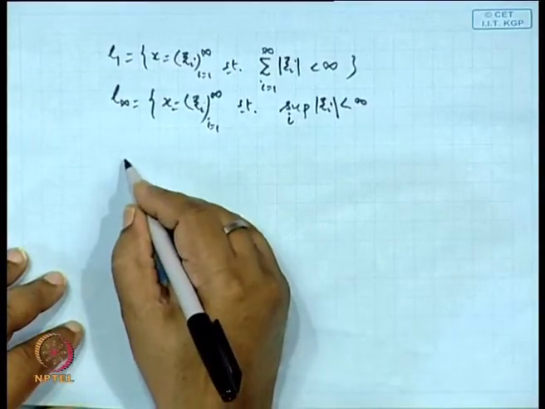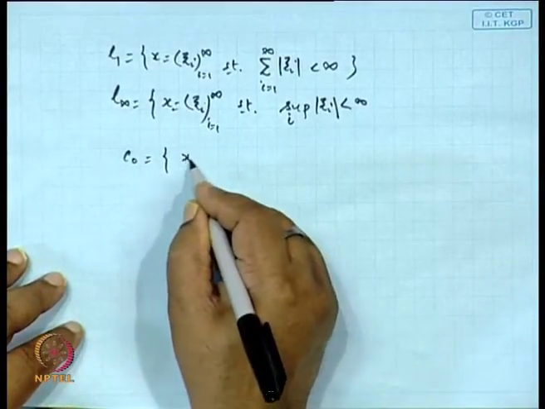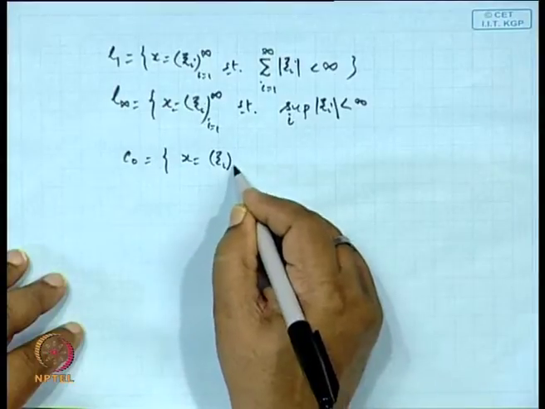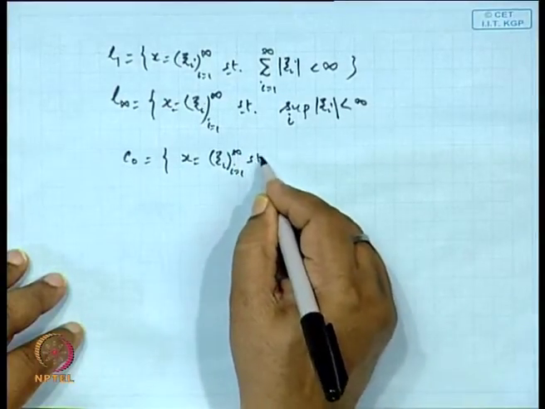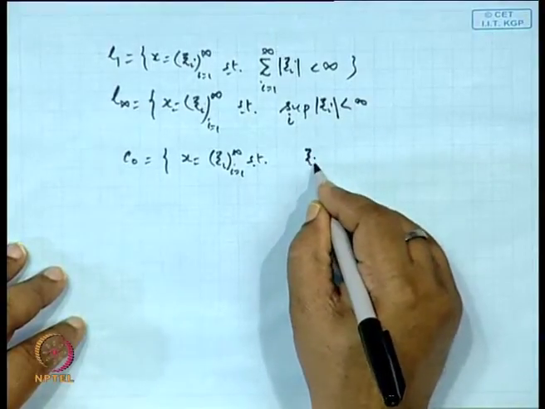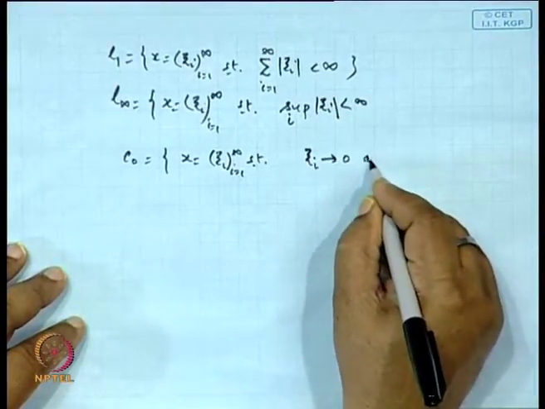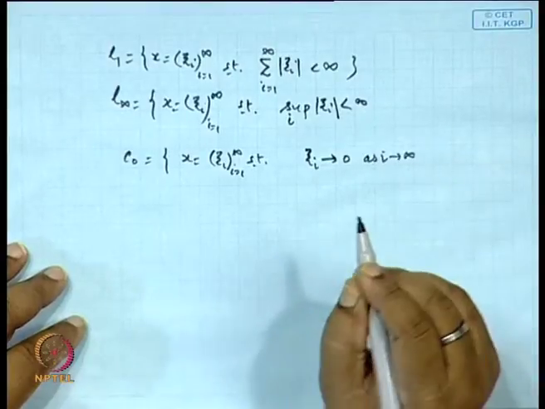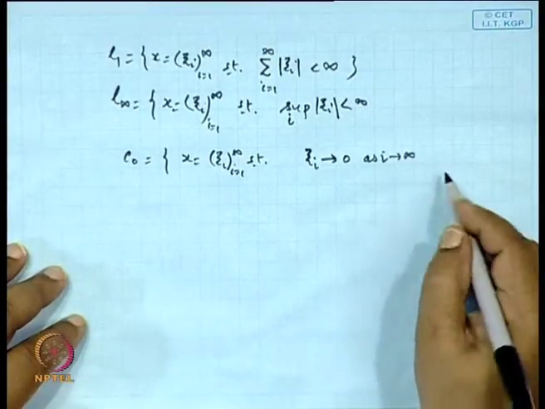while c0 is the set of those sequences (xi), i from 1 to infinity, such that xi tends to 0 as i tends to infinity, that is, convergent sequences converging to 0.